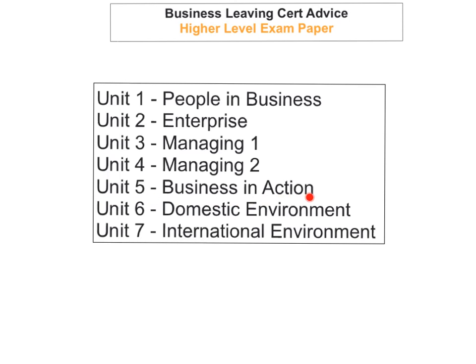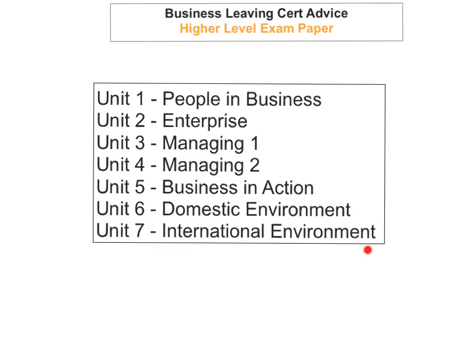Unit 5 is business in action, and this is looking at businesses' opportunities, how businesses set up in the startup, looking at marketing and business expansion. Unit 6 is domestic environment, and this is looking at categories of industry, the ownership structures, community development, government and the overall economy, and social responsibilities of businesses.